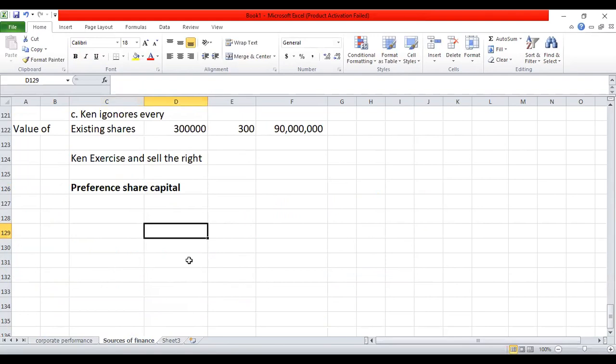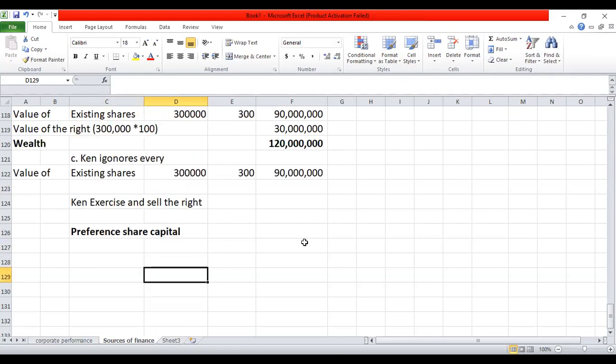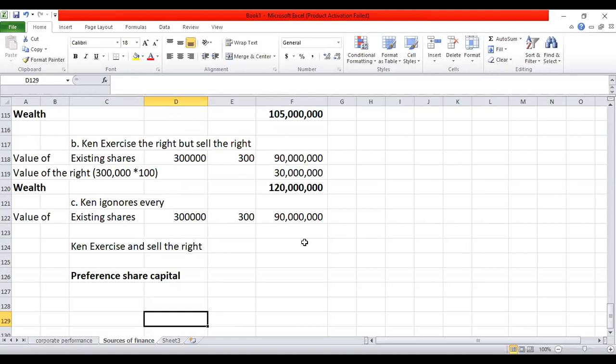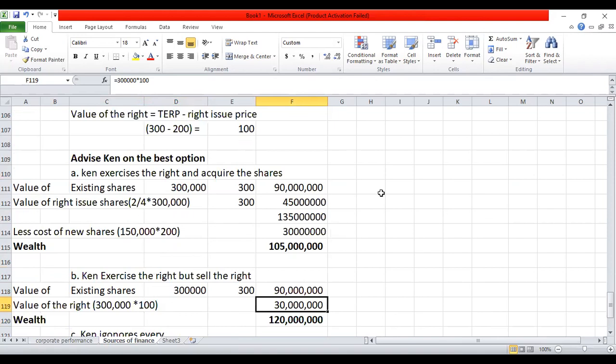Why do we have to add the value of right on scenario B where Ken has to exercise the right but sell it? We add the value of right yet he's selling it? Yes. If he sells the right, he's going to get that money. He's not getting new shares, but he's going to get the money from the sale of the right. In scenario one, your shares are going to increase.